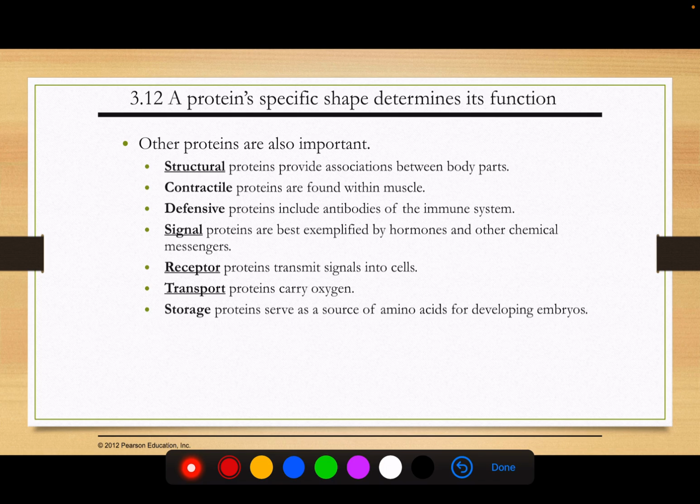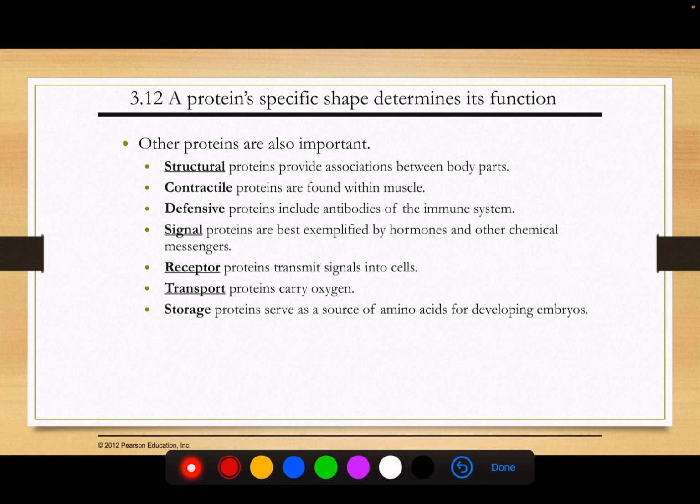We have all kinds of other proteins in the body. We have structural, and that would be like cartilage and bone and collagen, other things that help give our body structural support. Contractile would be muscles. Defensive could be your antibodies. Signal proteins like hormones, and we also have other types of chemical messengers called secondary messengers.